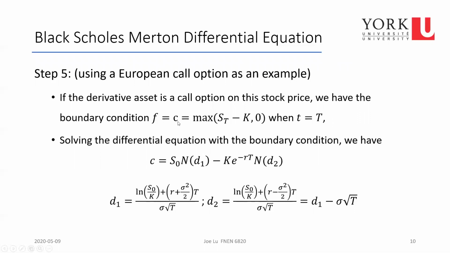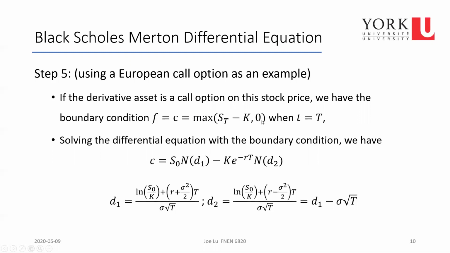At no point in time, at the maturity date, or actually for that matter anytime before the maturity date, can the value of the call be negative. So it's always going to be positive. That's where we have this max function here. So this forms the boundary condition.